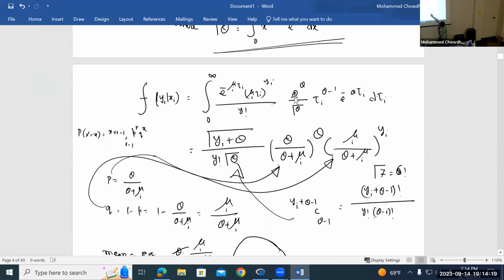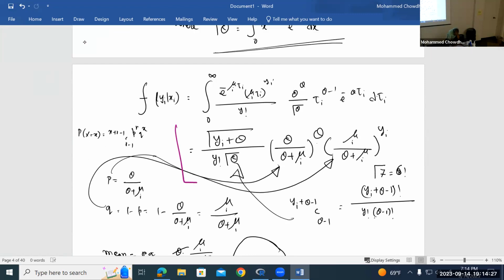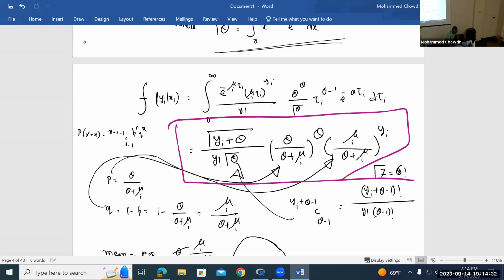After doing all of these things, I got this distribution, which I say is my new negative binomial distribution. Now, in this new negative binomial distribution, didn't I say that this is my P and this is my Q? And then I showed that if P equal to that, Q equal to automatically this. Okay.